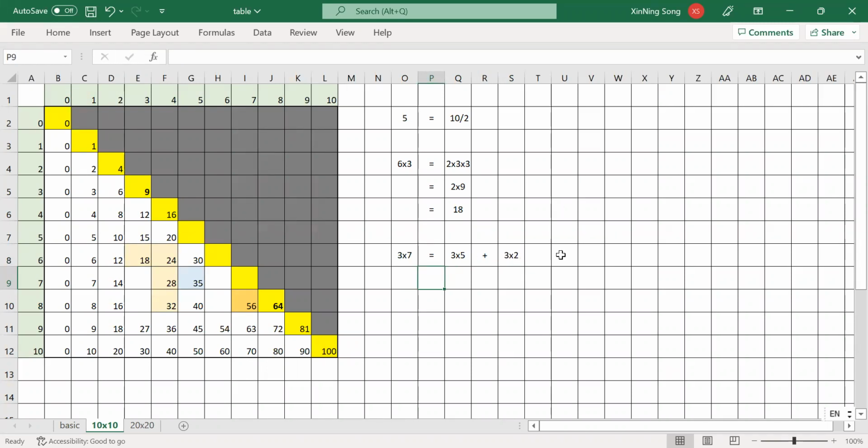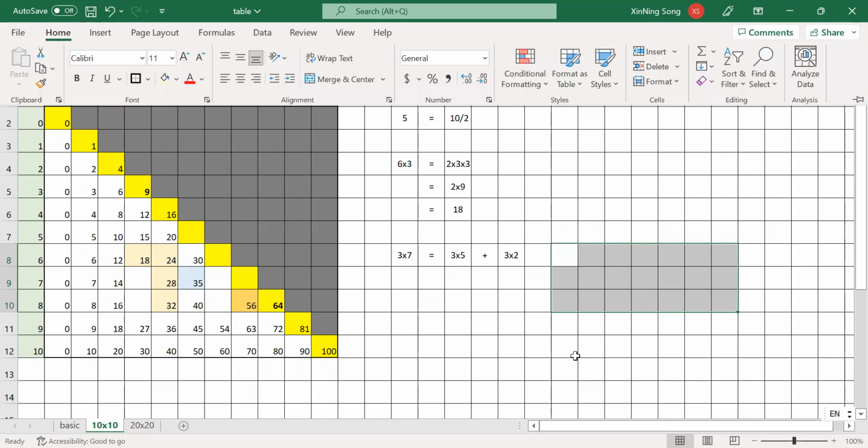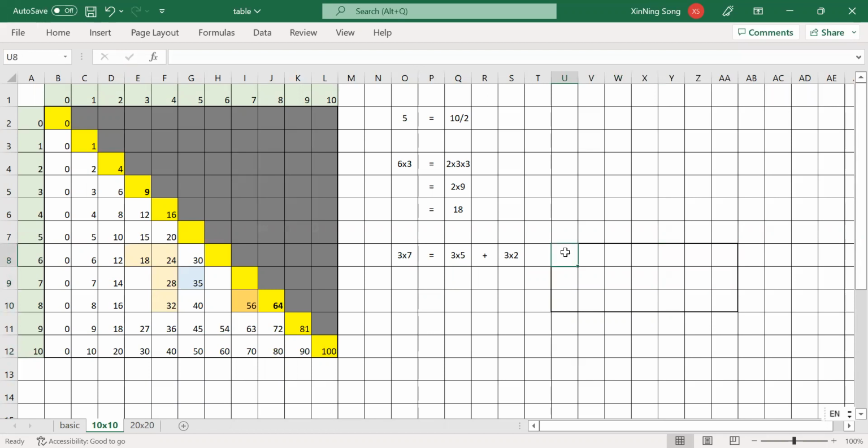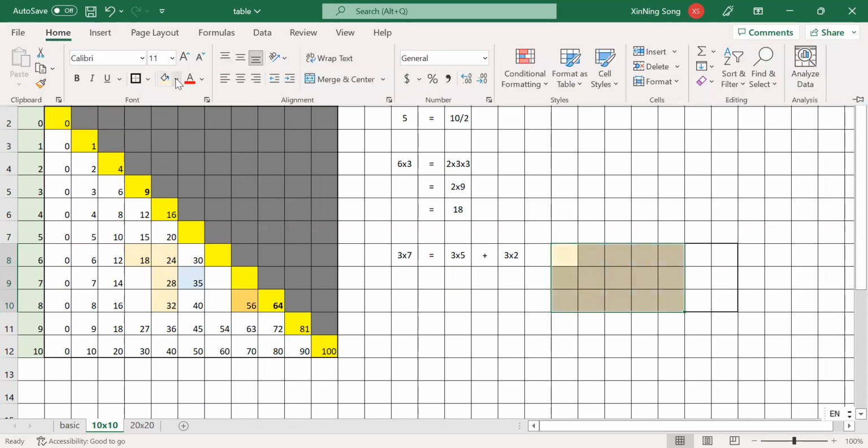So you can treat this as this. Let me show you 3 times 7. I'm gonna box this so you can visualize that's 3 times 7. Okay, I boxed it. And I'm going to do 5 first. I'm going to color that.